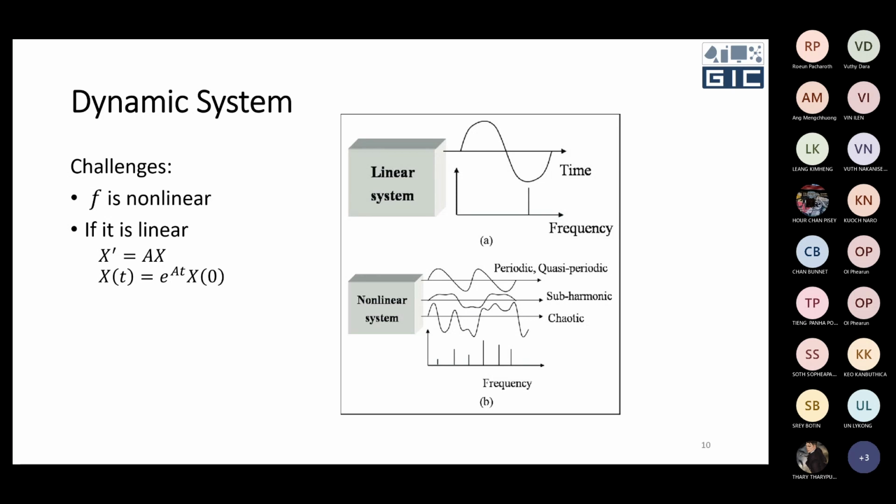So this kind of thing is non-linear. But if you use linear regression on linear functions, for example, y equals ax plus b, you still can predict the output of y in the next state. So in this case, it's still linear. This is the second challenge of the dynamic system.